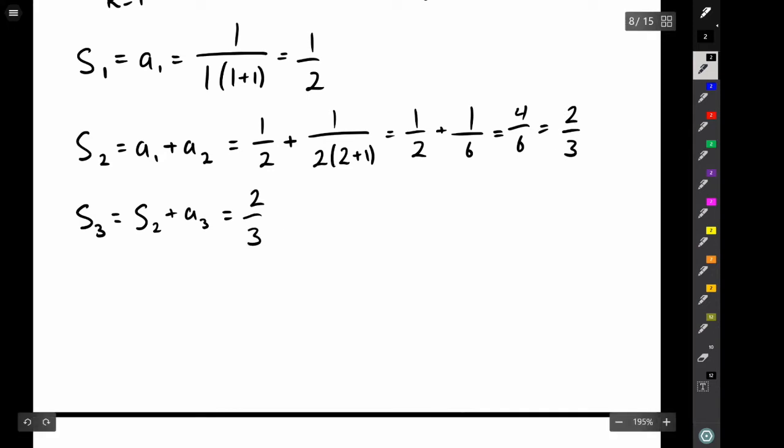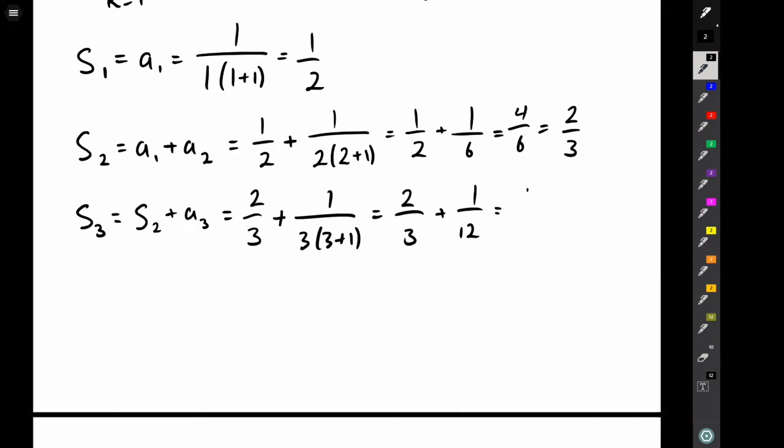I don't want to write 1/2 plus 1/6, because that'll get a little bit exhausting. We want to keep it as simple as we can. So 3 plus 1, this is 2/3 plus 1 over 12. If we add this up, this will be 9 over 12, which simplifies to 3 over 4.